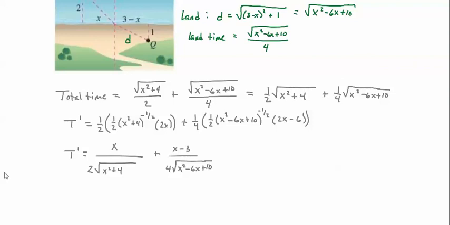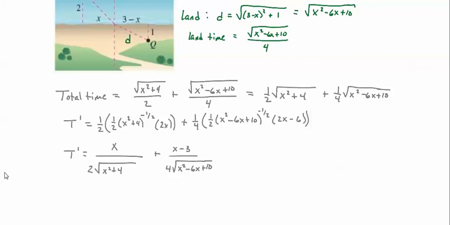Finding the derivative of time. I leave that 1/2 alone. I use the chain rule. 1/2 parentheses x squared plus 4, close parentheses to the negative 1/2. Don't forget to multiply by the derivative of the inside. That's our 2x. Plus, leave the quarter in front. Once again, use the chain rule. 1/2 parentheses x squared minus 6x plus 10, close parentheses, to the negative 1/2.